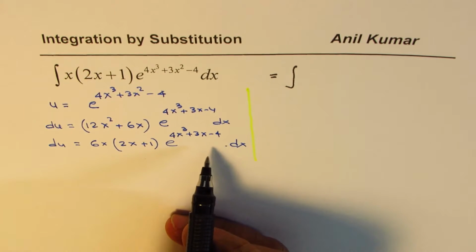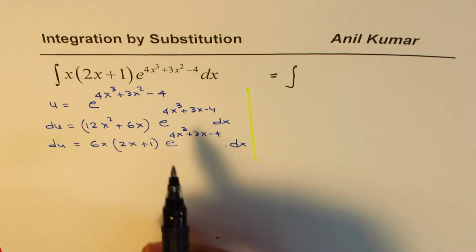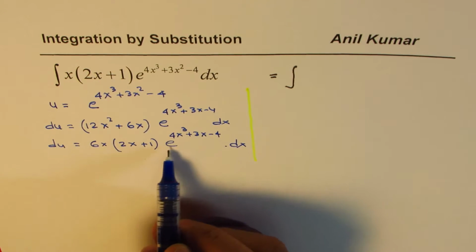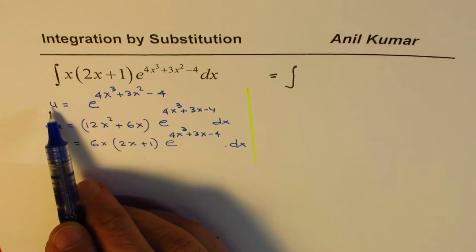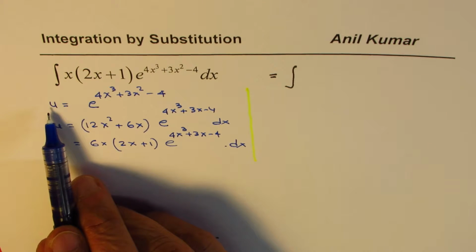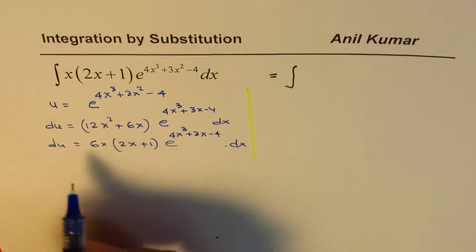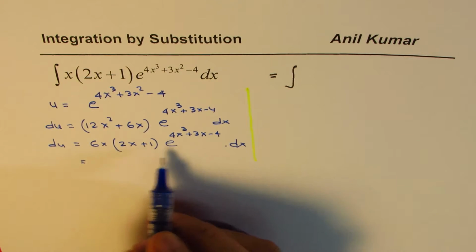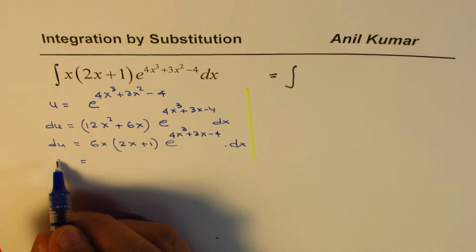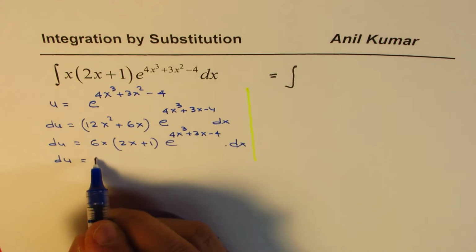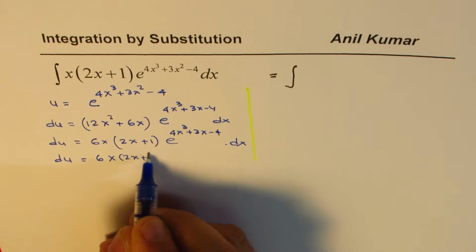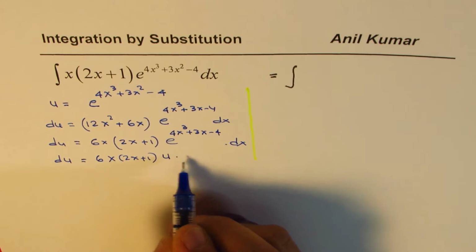This part is actually u, correct? So we could write this in two steps: du equals 6 times x times (2x plus 1) times u dx.